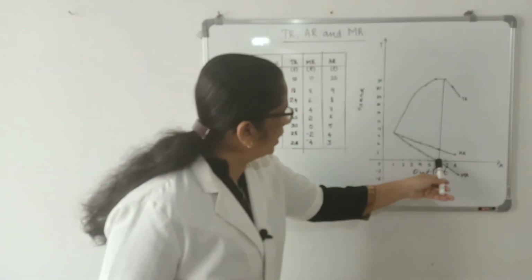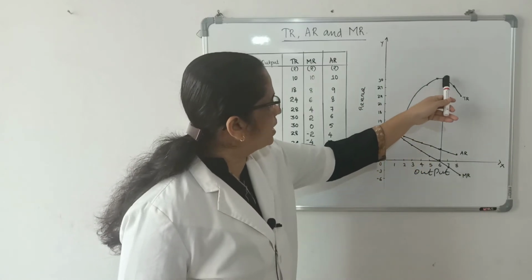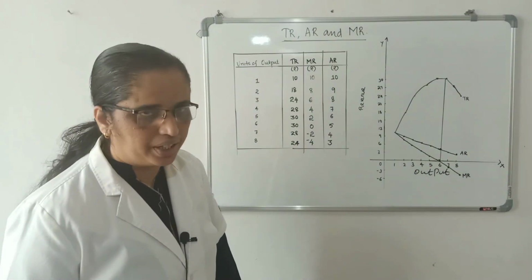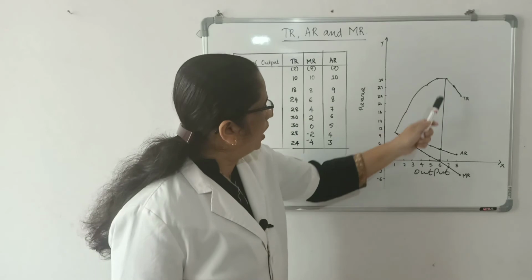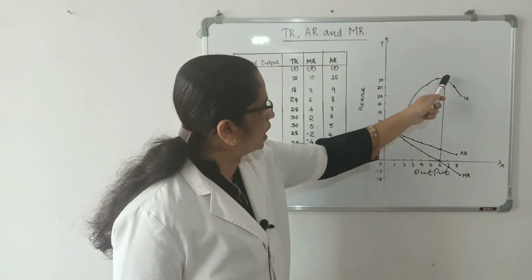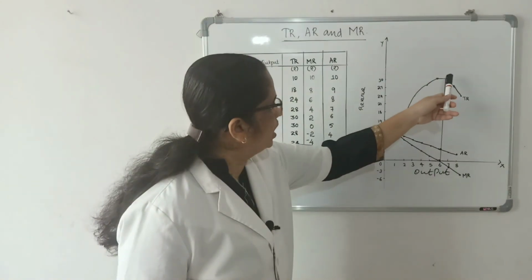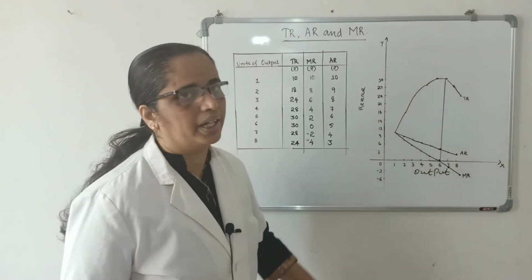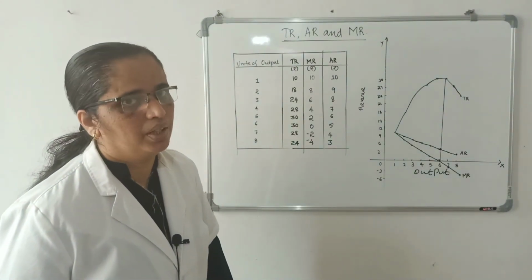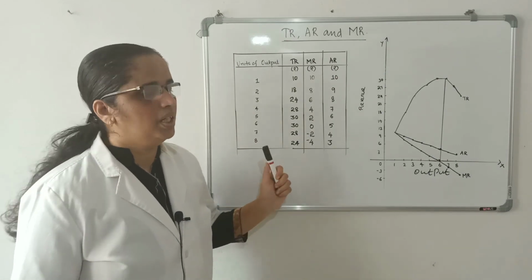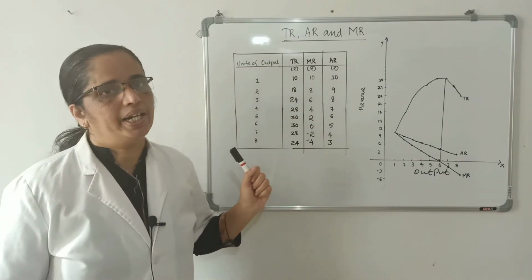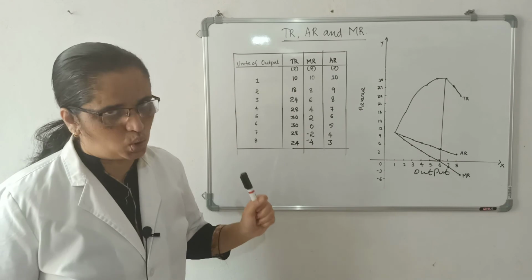When MR diminishes, total increases at a diminishing rate. When MR is 0, total is maximum. When MR is negative, total starts to decline. So observe the specific relationship between TR, AR and MR also.